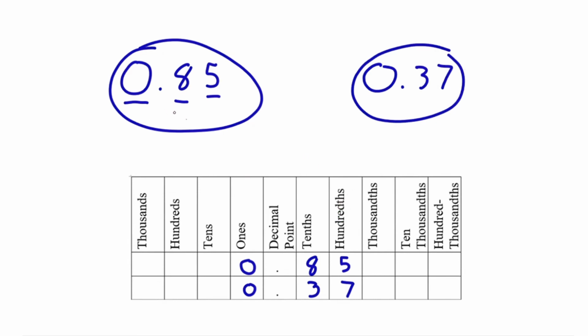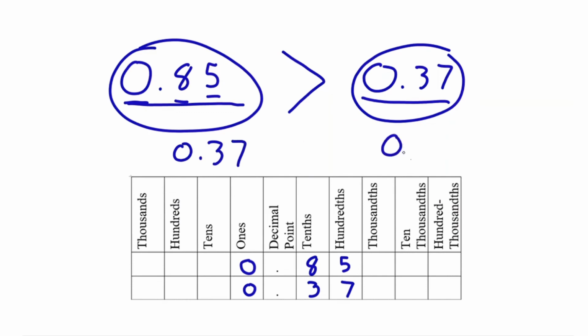Well, if we read this like a number sentence, we read this as 85 hundredths is greater than 37 hundredths. If the numbers were reversed, we would say 37 hundredths is less than 85 hundredths. And that's how you use a model and the place value chart to compare decimals.